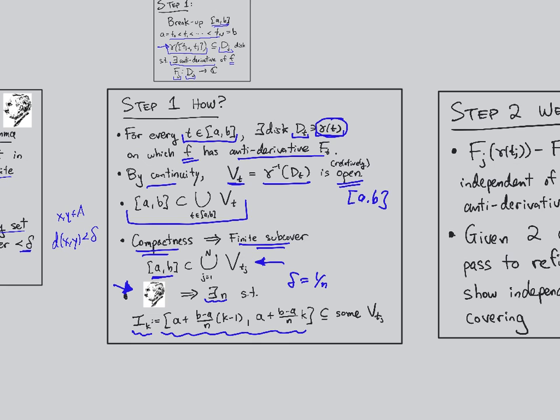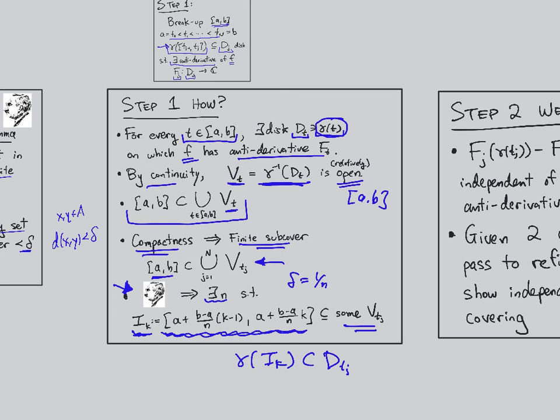So for n big enough, these sets will have diameter small enough so that each one will sit inside one of these sets V, that when I map it back into the complex plane with the path, it sits inside a particular disk, dTj.